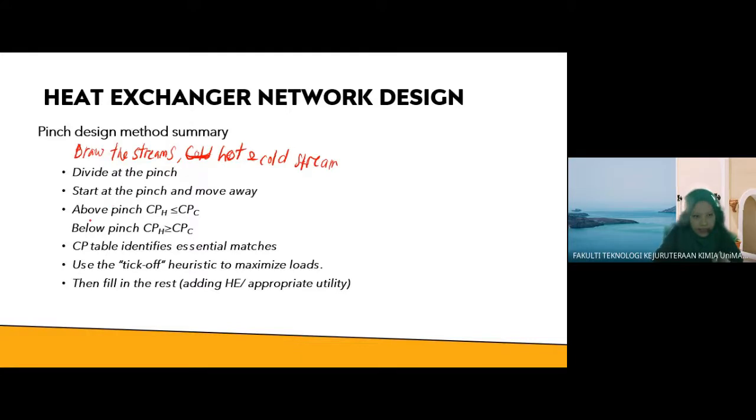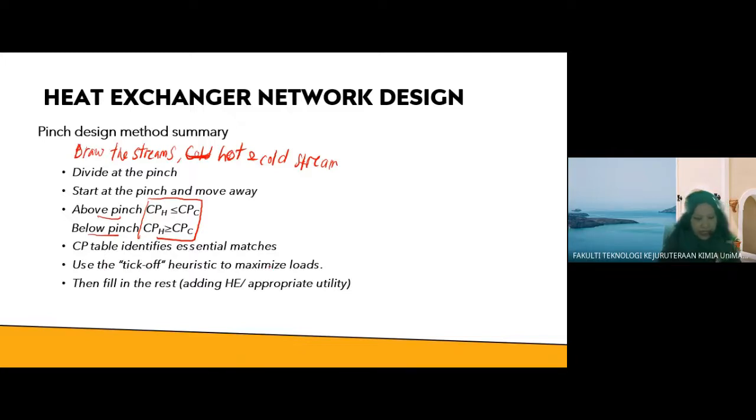And then you need to satisfy the CP rules here for above the pinch and below the pinch. And then draw the CP tables so that it's easier for you to follow these CP rules, and so that it's easier to identify the pairing or mesh. And then use the tick off heuristic.